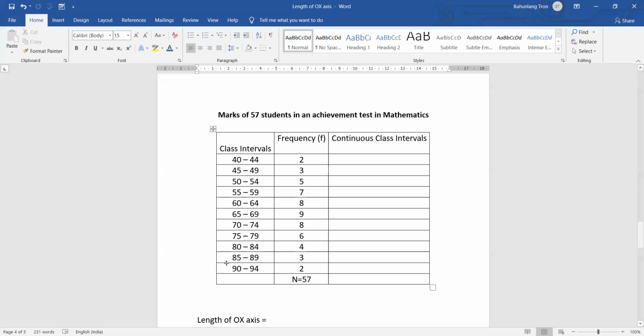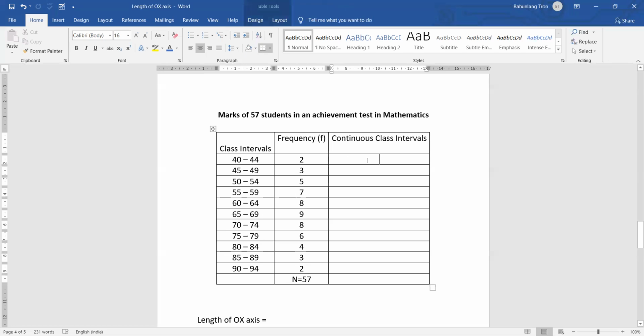So in step number 1, what we need to do is convert the class intervals, this inclusive form, into exclusive or continuous class intervals. And how do we do that? We do that by subtracting 0.5 from the lower score and adding 0.5 to the upper score.